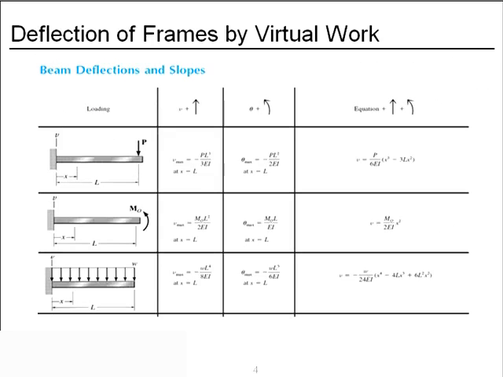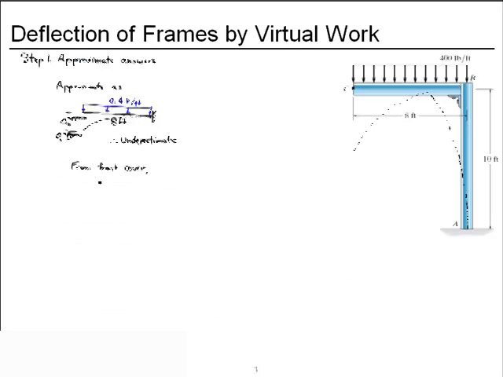Under the beam deflection and slope section, if we look on the second page, we find cantilevered, uniformly loaded, the displacement at the end is minus wL^4 over 8EI. So our approximation, which will be an underestimate, is minus wL^4 over 8EI, where L is the length of our cantilever.